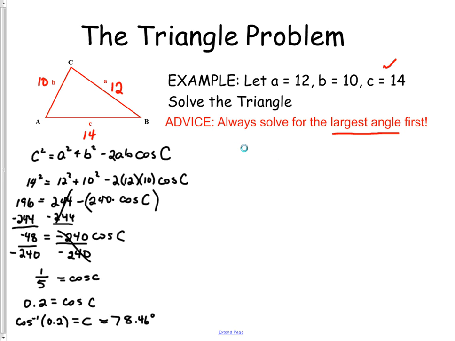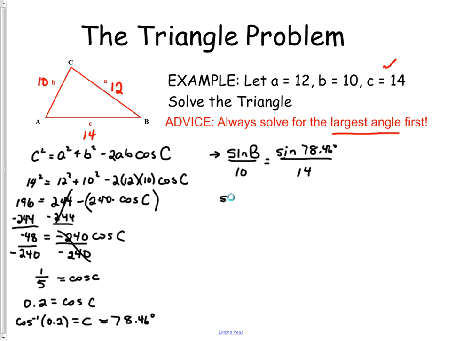So now we're in a position where we can use angle C as a means of getting the other values. Now I'm going to go for angle B, the smallest angle. By the law of sines, the sine of the angle B divided by the length of its opposite side, which is 10, is going to equal the sine of the angle C that we now know, 78.46 degrees, divided by its opposite side length of 14.